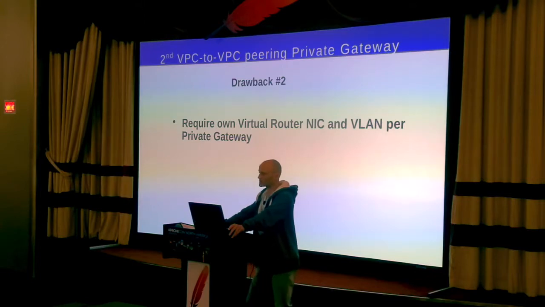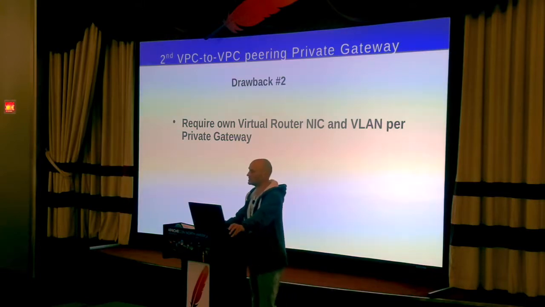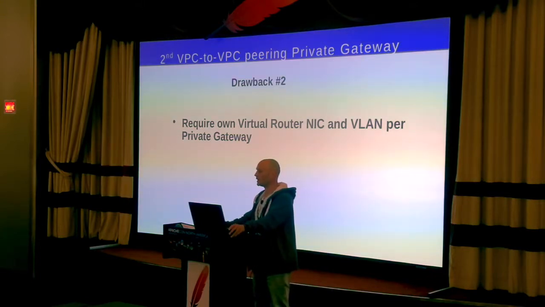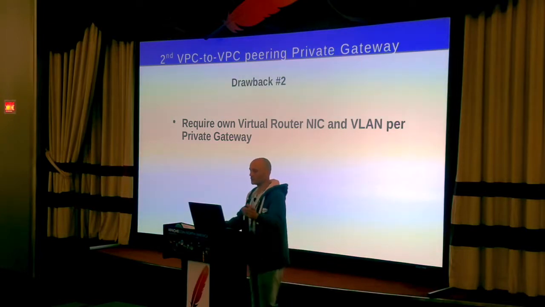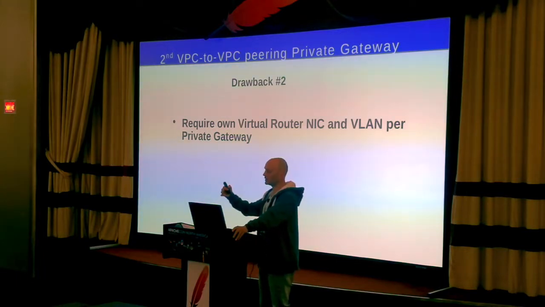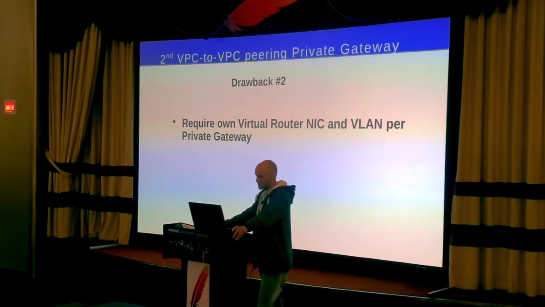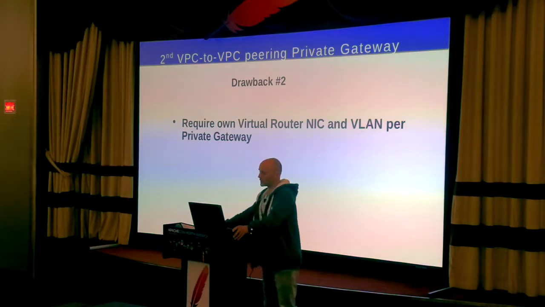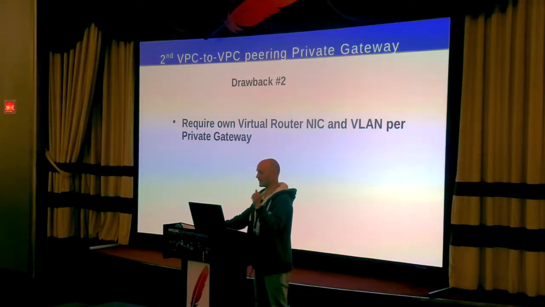This is because CloudStack assumes that each VPC-to-VPC connection needs a distinct VLAN. So for each private gateway that you create, CloudStack goes ahead and creates a NIC on the VPC virtual router. So it creates a new NIC each time for each private gateway. And this requires the admin to specify it.